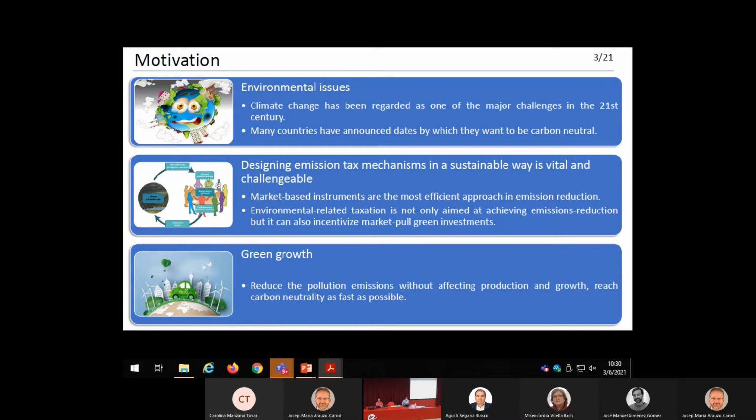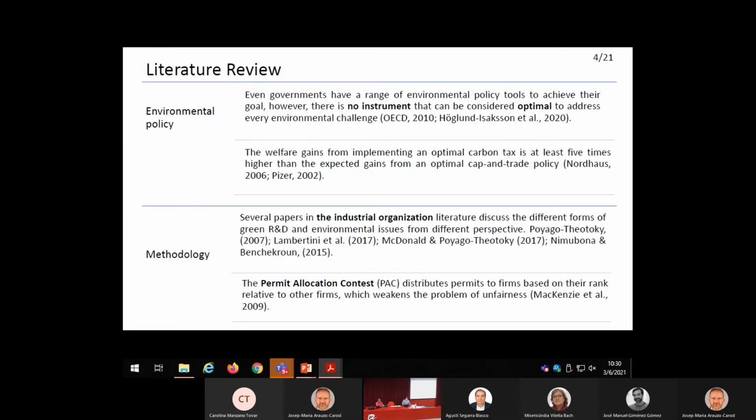We are also motivated by the green growth concept. When we consider green growth, we have to think about how to reduce pollution emissions without affecting firms' production and economic growth. There is a lot of literature about environmental issues.